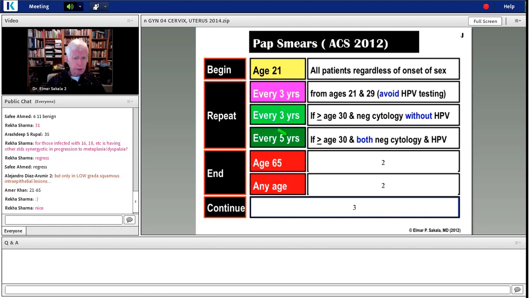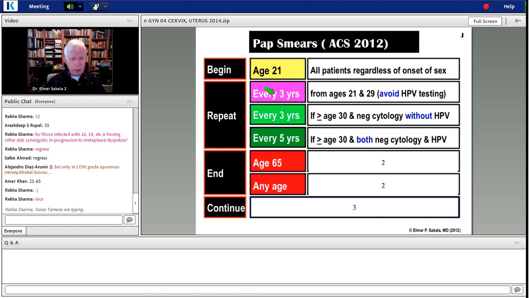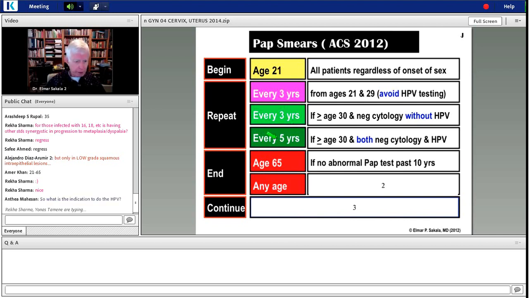The recommendation is 3 years, no HPV DNA on ages 21 to 29, and ages 30 to 65 is to do both the cytology and the HPV, and if both of those are negative, you can go to every 5 years.